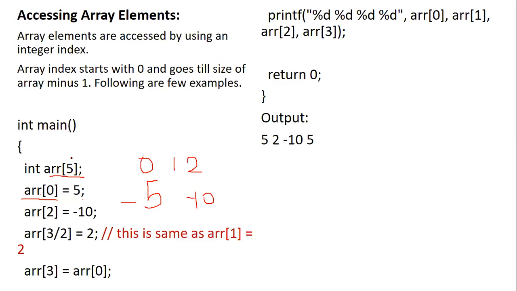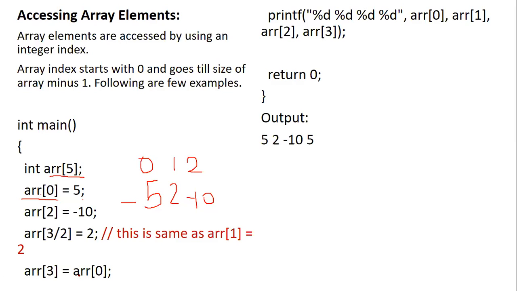So as the array is of integer type, when we get the index 1.5, the number after the decimal point will be removed. So we get array of 1, and array of 1 is 2. So the value at location 1 will be 2.